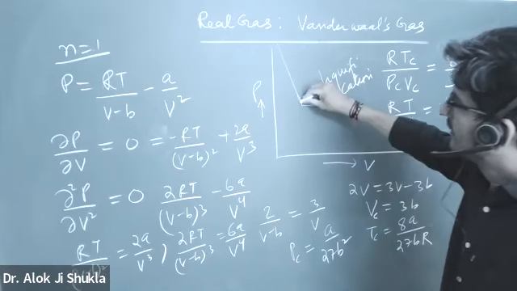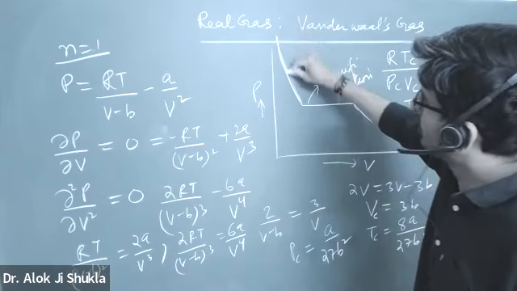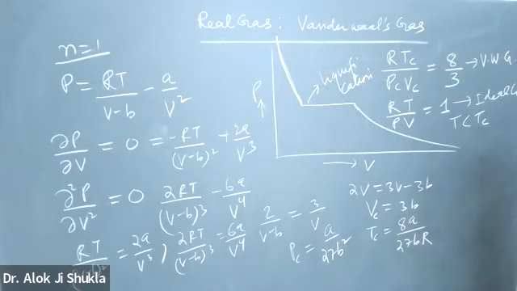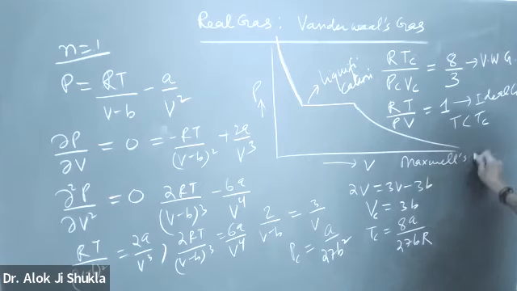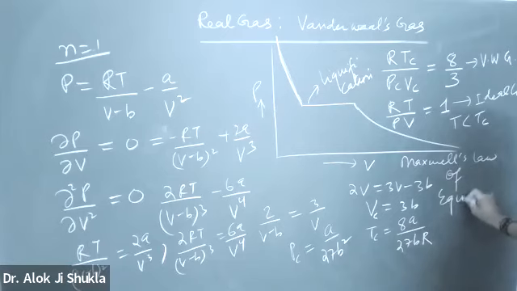So that's why a very large amount of pressure is needed if you further want to reduce the volume. So that approximation is called Maxwell's law of equal areas. So these are small concepts, we just have to remember.